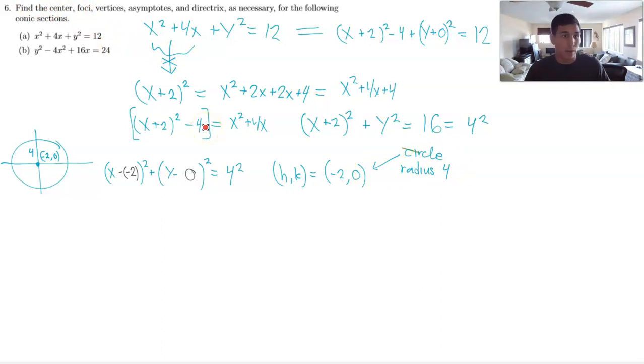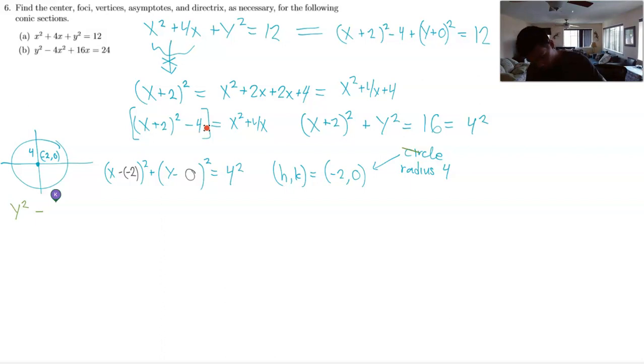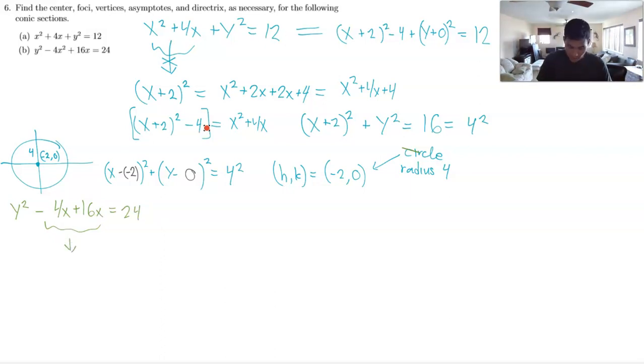Okay, for this next part, I'm gonna do the whole part B in green. So y squared minus 4x plus 16x again. We'll write this as y squared, and then we have 4x plus 16x. And this is the chunk we want to focus on, which is equal to 24. So again, my trick is we just think about this guy, and 16x and 4x.